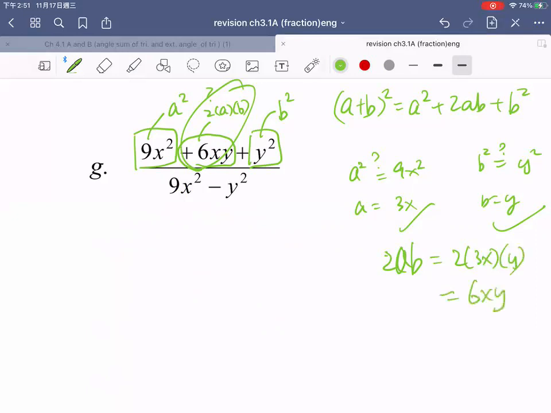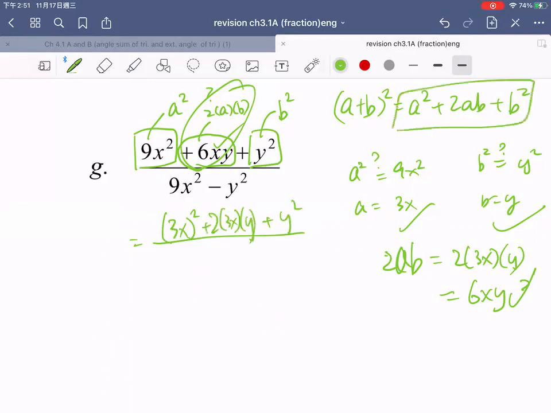Oh, this is correct. So this can be decomposed in this way: 3x bracket squared, y squared, and 2 times 3x times y. So this is the pattern here.